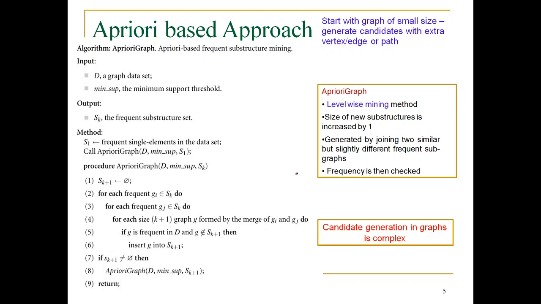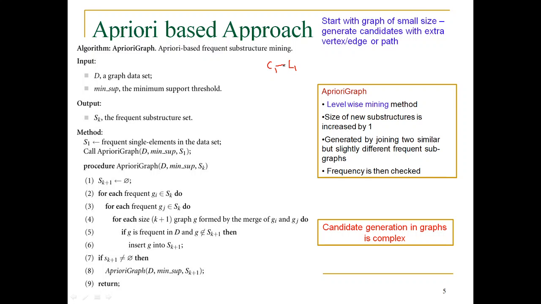Coming to the first approach, the Apriori based approach, according to the Apriori algorithm we first find the candidate sets, the number of candidate sets in the list. Then we find the frequent patterns using the minimum threshold value and put them in the form of level 1.